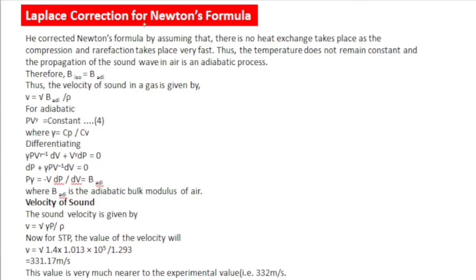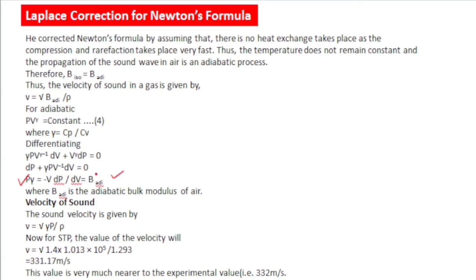Differentiating both sides of PV gamma is constant, where gamma is the ratio of Cp by Cv, you get gamma P V gamma minus 1 dV plus V gamma dP equal to 0. In this way, P gamma equals minus V dP by dV. It means this one is B adiabatic, the bulk modulus of air.